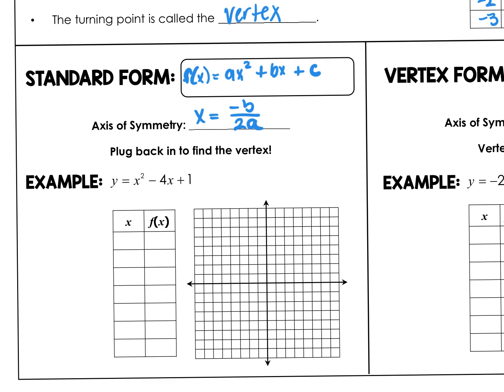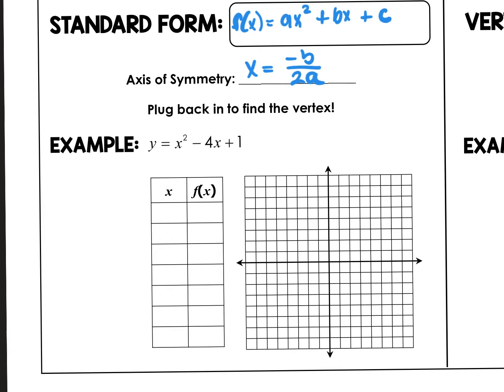So, let's look at this example. We're going to do our negative b over 2a. So, negative of negative 4 over 2 is 4 over 2, which is 2.